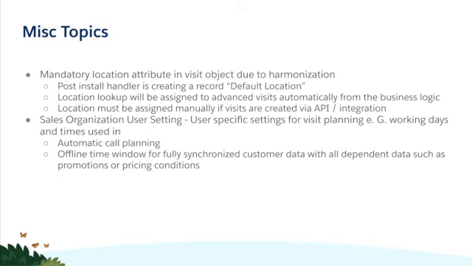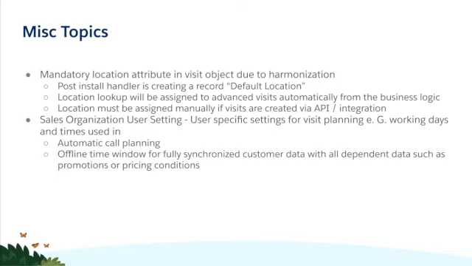Salesforce acquired Accenture Cloud one year ago, and we did harmonization in master data and in the visit object. In the visit object, there was a kind of business logic which required a specific place.